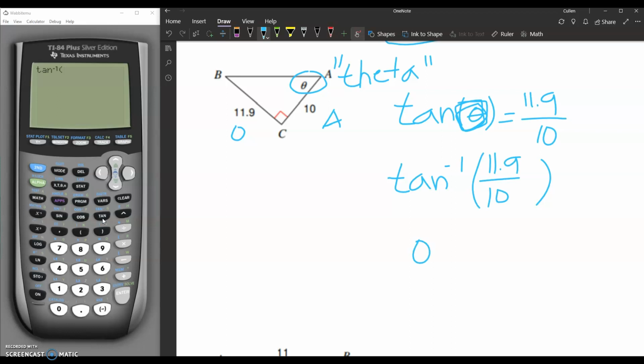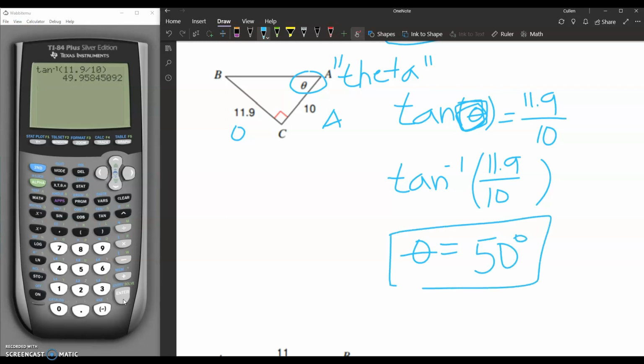And your answer will be in degrees. So let's do tan -1 of 11.9 over 10. Okay? And then it'll spit out 49.9, and that will round up to 50. And this answer actually has units, it's in degrees. So that angle right there we just solved for is 50 degrees. Okay?